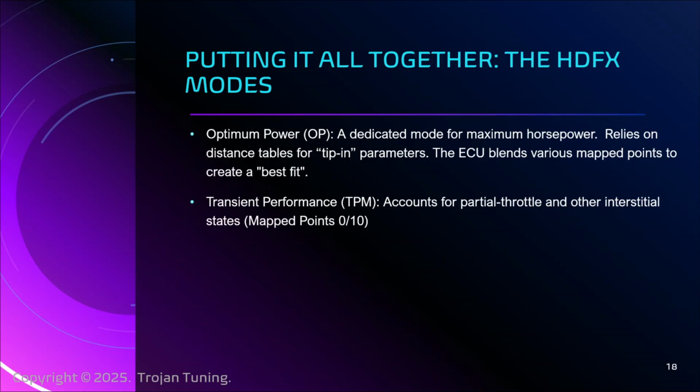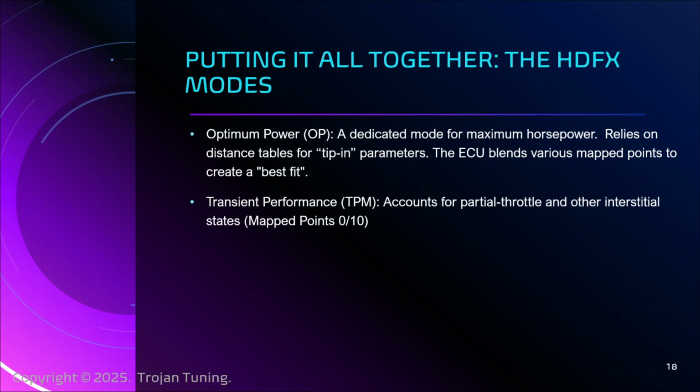Spoilers, that's where it's usually referring to either map point 0 if the intake manifold runner control is active, or is in a low state, so it's closed, right? Or at 10 if it's open and we're in higher load states, right? So it's map point 0 for low load, map point 10 for high load.